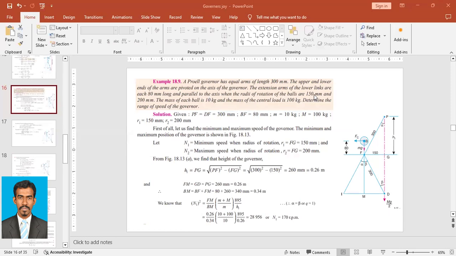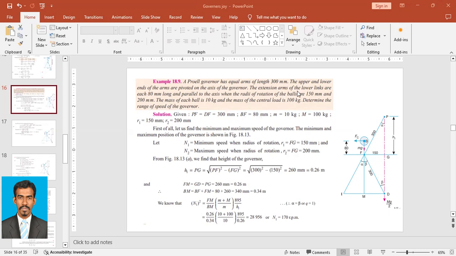When the radius of rotation of the bolts are 150 mm, this arm is 80 mm. And 200 mm. So this is the range. R1 is 150 and R2 is 200.